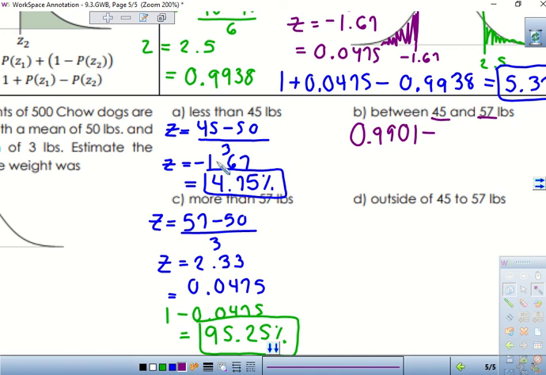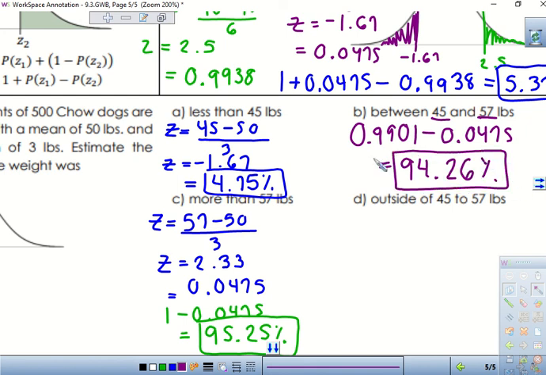So I'm getting 0.0475, which is equal to 94.26%. And then that should be the answer, yeah.